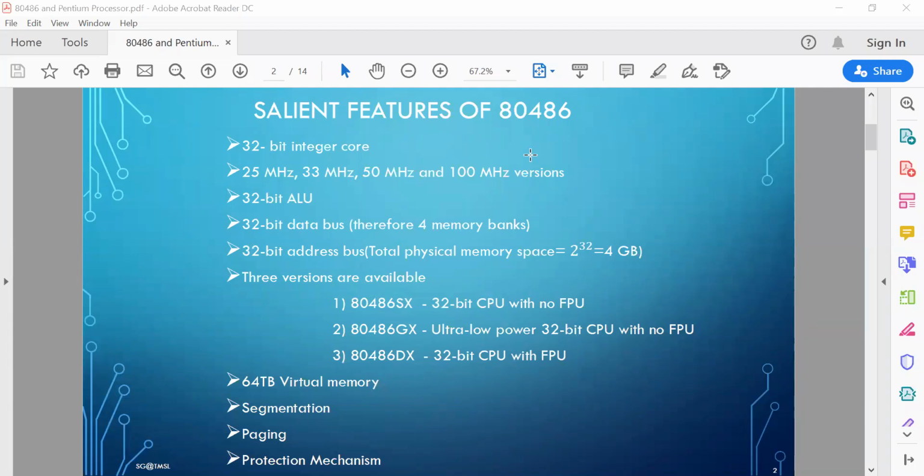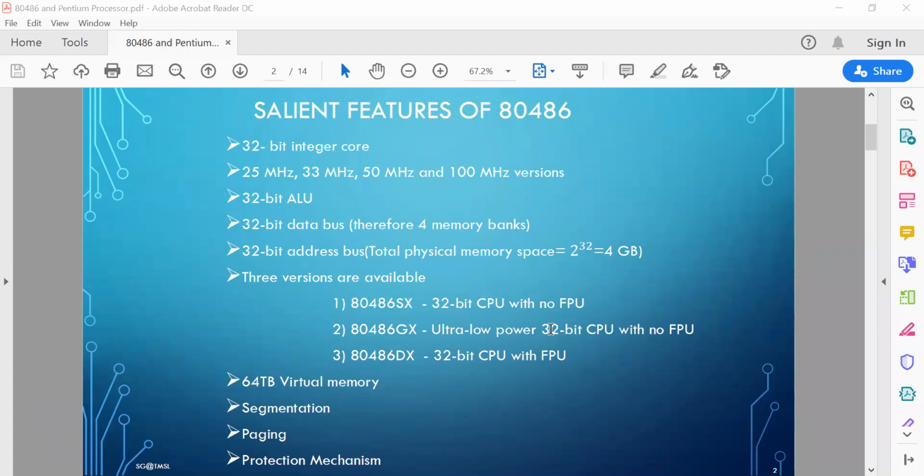Another is now 80486SX, which is an ultra low power 32-bit CPU. It has no floating point unit, only 32-bit architecture has been implemented, so that every instruction performed by the 80486 DX processor can be implemented in this processor also, SX and GX.